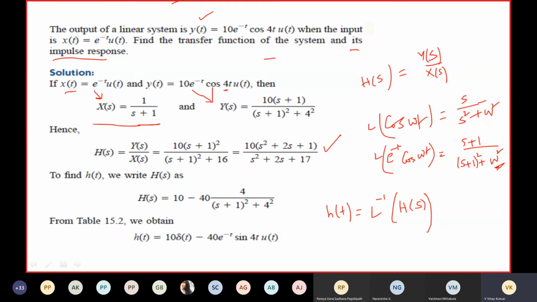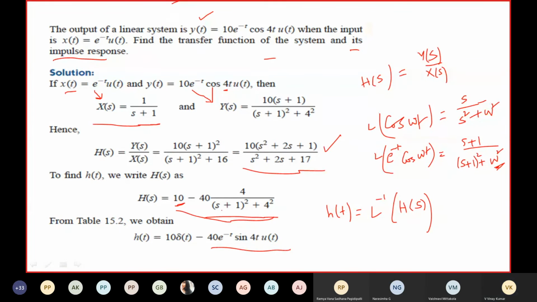Applying Laplace inverse, Laplace inverse of 10 is 10 del of t, because Laplace of del of t is 1, minus 40 times Laplace inverse of the second term, which is 40 into e power minus t sin 4t u of t. You know, right?